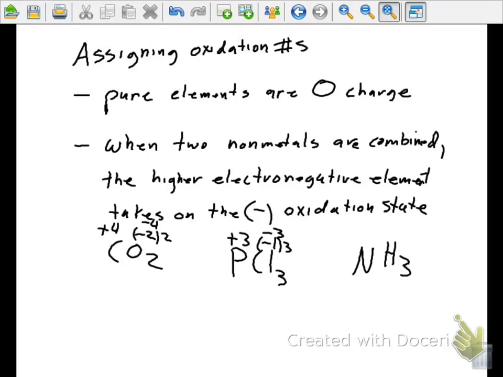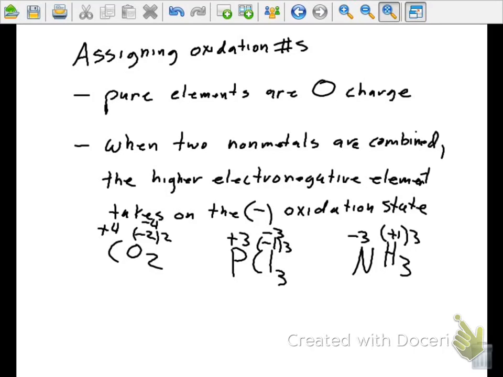That happens 97% of the time. So it's most likely the second one that's listed, or the last one that's listed, is negative. But with ammonia, that's not the case. Nitrogen is higher electronegativity than hydrogen, so it's a -3. So then what is hydrogen going to be? +1. Right? Hydrogen's a +1.